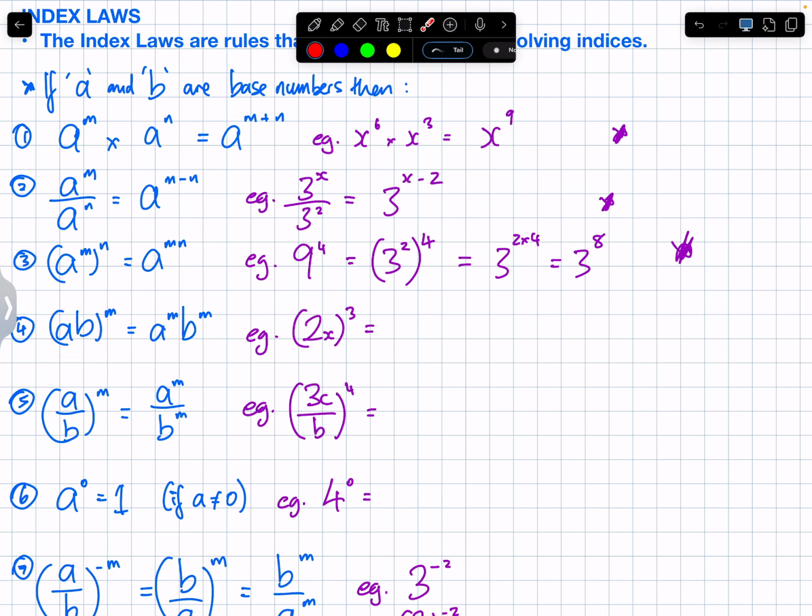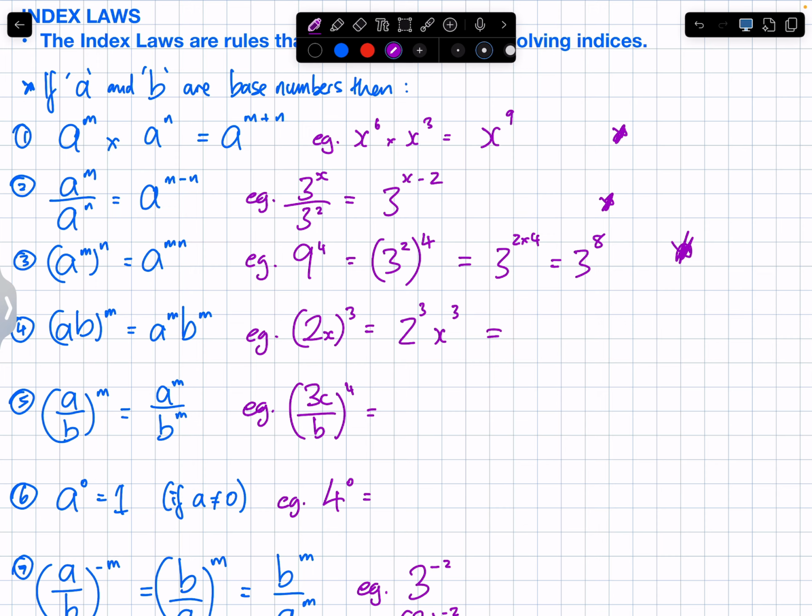We don't write it. They're multiplying. So if I have 2 base numbers multiplying within a set of brackets raised to a power, that power spreads like COVID. It spreads to both. So here, what is the operation happening between 2 and x? Timesing. So that 3 needs to spread to both. So an in-between step, you should write 2 to the 3 and x to the 3. So you can see that it's spread out.